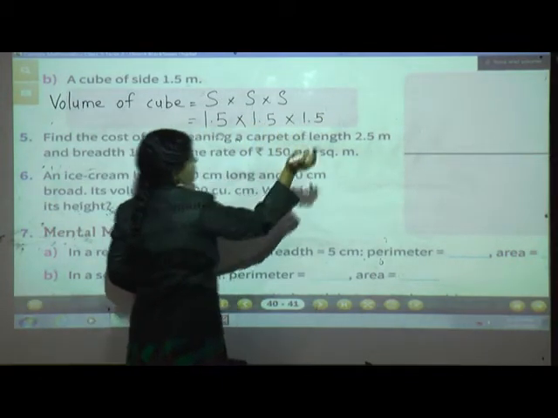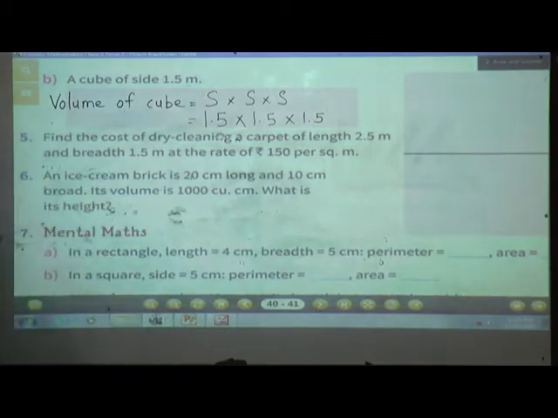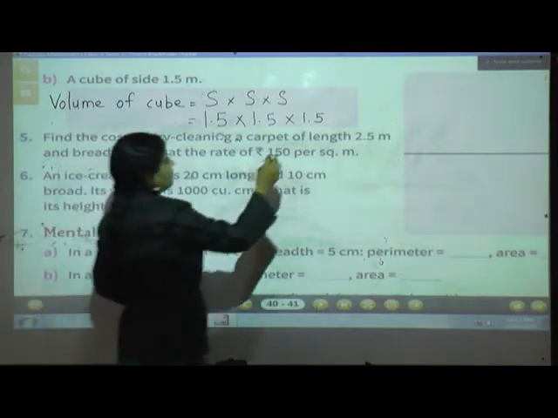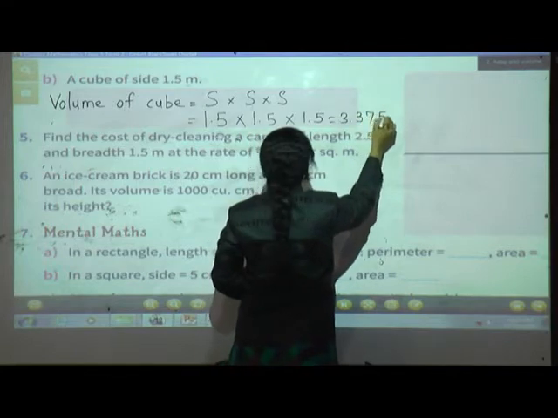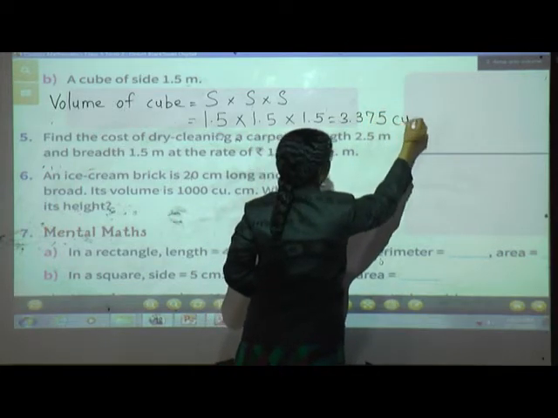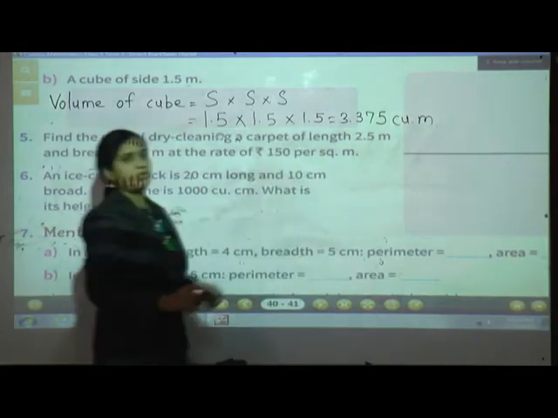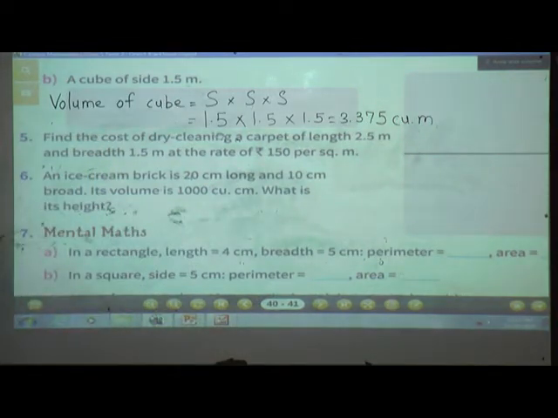So do multiplication, students, and give me the answer. Yes, your answer will be 3.375 cubic meter. So this one will be your answer. So now we will see our next question, question number 5.